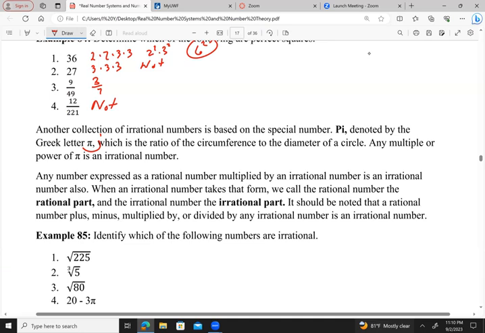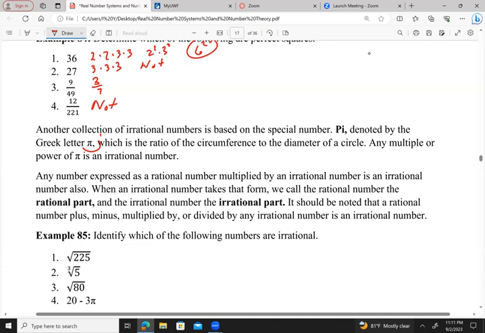Any number expressed as a rational number multiplied by an irrational number is an irrational number also. When an irrational number takes that form, we call the rational number the rational part and the irrational number the irrational part. It should be noted that a rational number plus, minus, multiplied by, or divided by any irrational number is an irrational number.